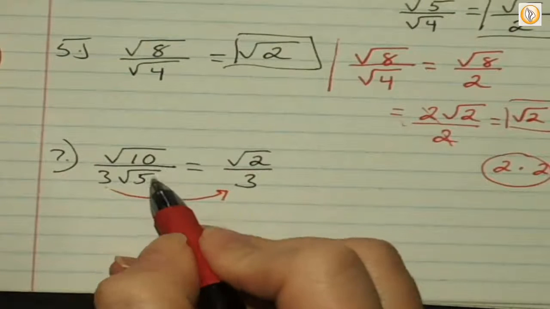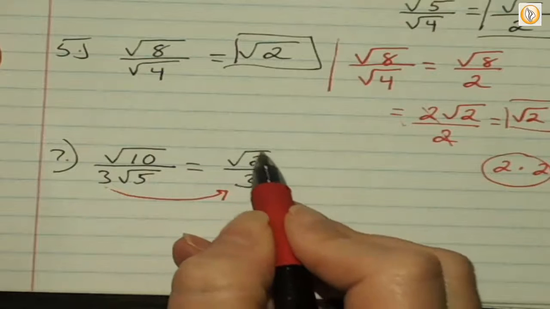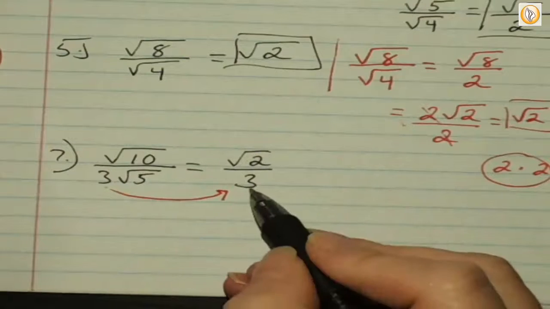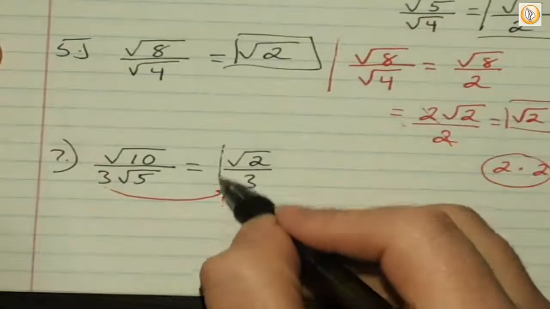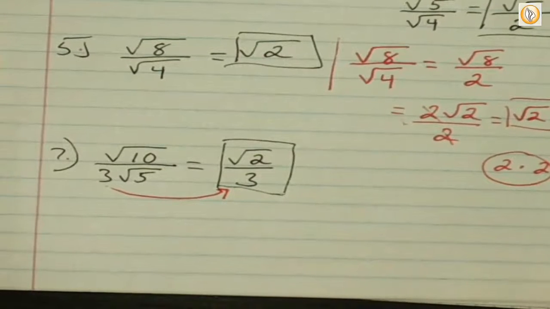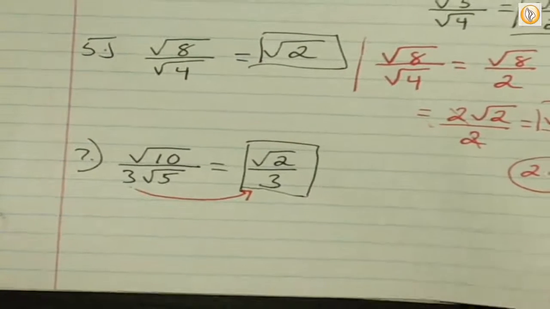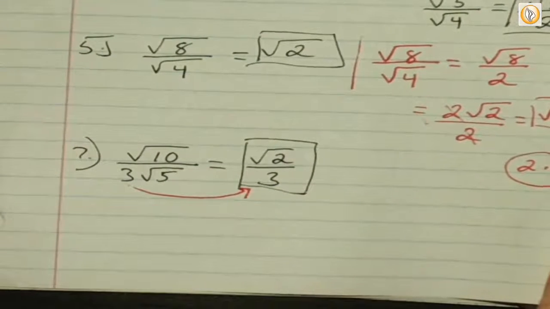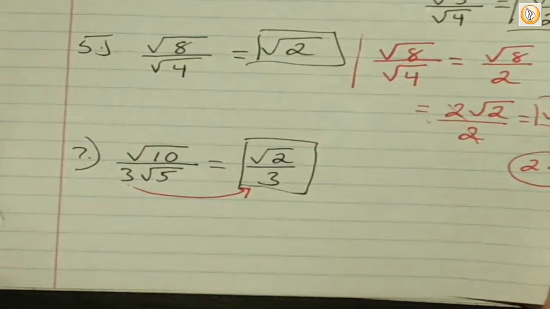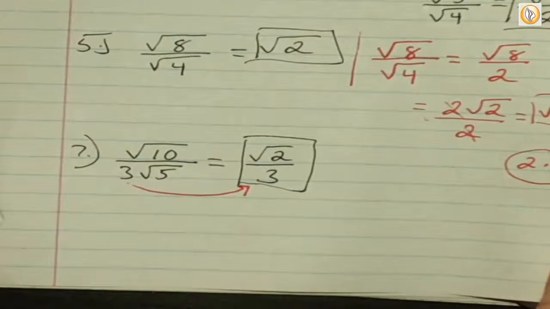You divided the square root of 10 by the square root of 5, you get 2. That 2 is now prime. There's no radical here. We can't do anything else, so there's your answer. Any questions? Everyone have it down? If you're writing, I think you're still copying.